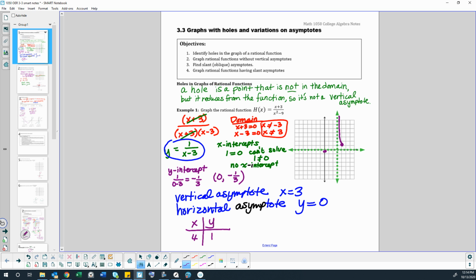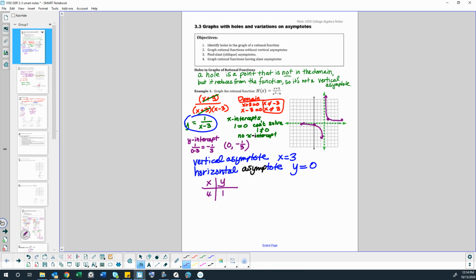So as long as we're comfortable with where those pieces of our graph are, we can sketch those in. We can plug in more points if we feel like it's necessary. Now we need to be aware of the hole in the graph. So if we plug in a -3, if we plug that into the original problem, it's going to be undefined, dividing by 0.